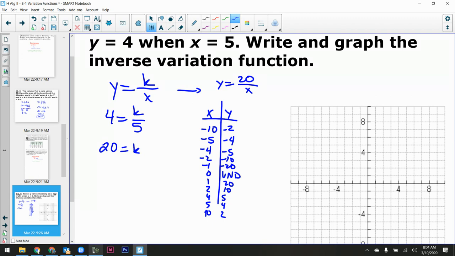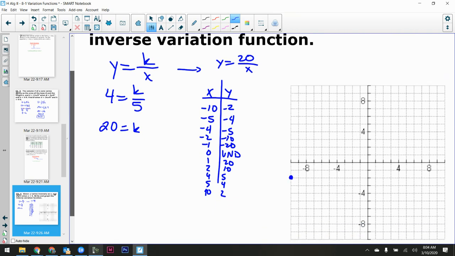So let's plot these values. -10, comma -2. -5, comma -4. -4, comma -5. -2, comma -10. And then obviously we'd have -1, comma -20.